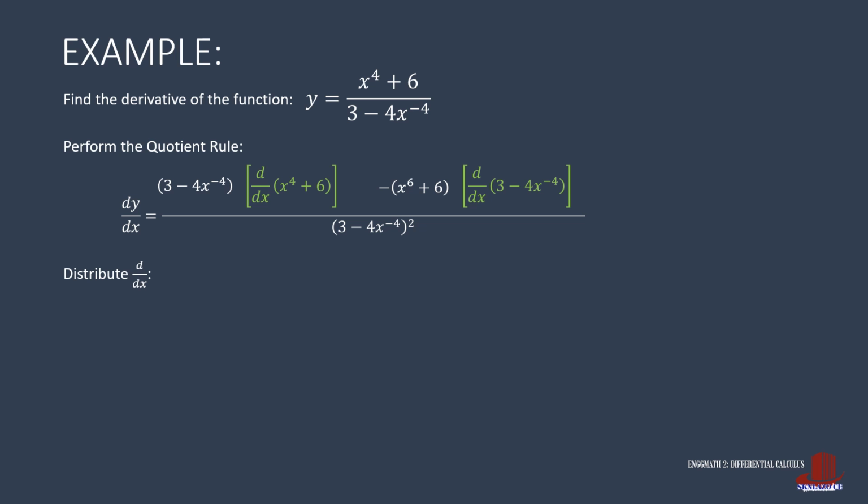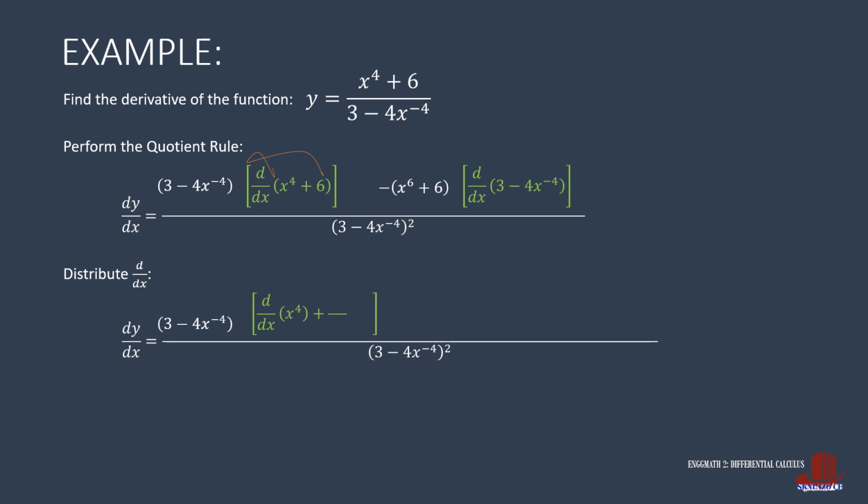Work on the derivatives first before we simplify all terms. So start by distributing d over dx among the binomials. The new derivative would carry a numerator of the quantity 3 minus 4x raised to negative 4 times the individual derivatives of x raised to 4 and also of 6.